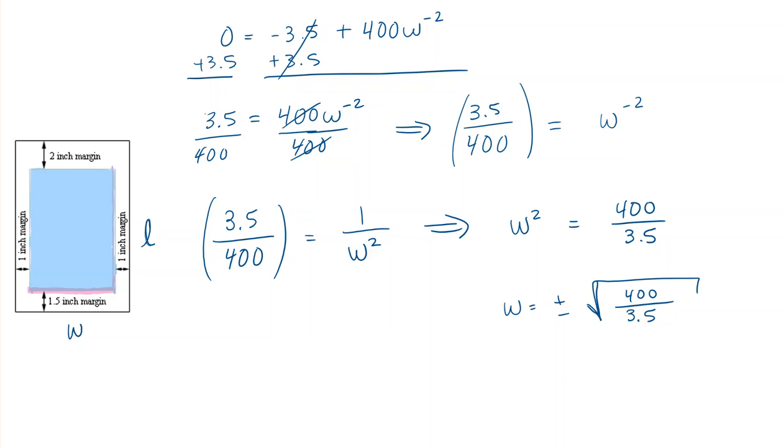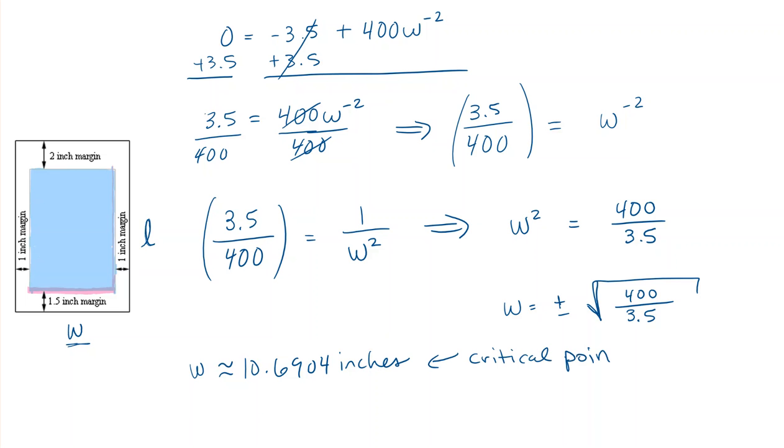Algebraically, it would be both plus or minus, but in context, since the width represents the width of the paper, we're just considering the positive value, which would be about 10.6904 inches when rounded. This is going to be our critical point for the area function.